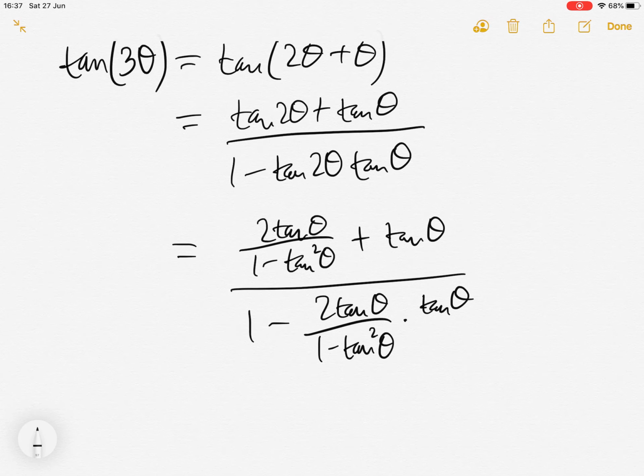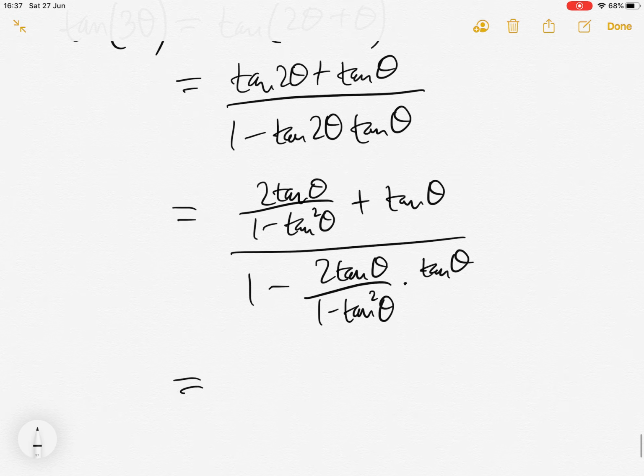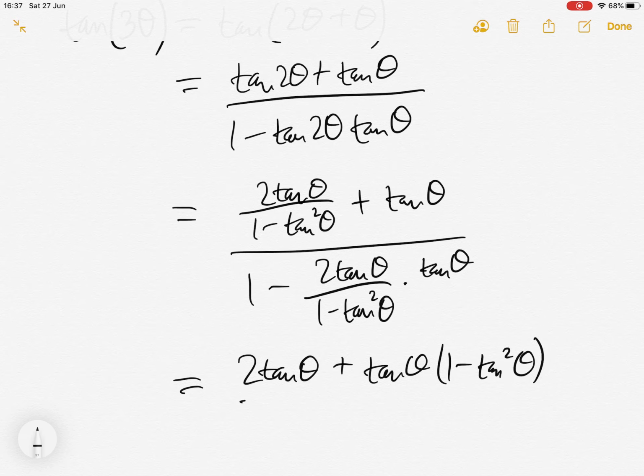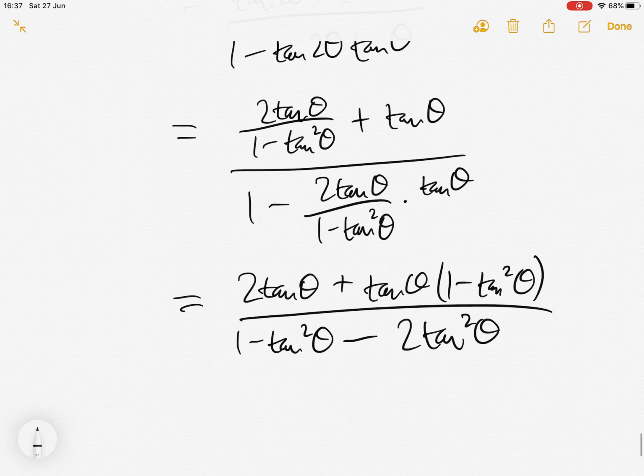Okay, and then let's multiply the top and bottom of the big fraction by 1 minus tan squared theta. So this first thing becomes just 2 tan theta. The next thing becomes tan theta times 1 minus tan squared theta. The 1 we multiply by 1 minus tan squared theta. And then here at the end we have 2 tan theta times tan theta, which is 2 tan squared theta.